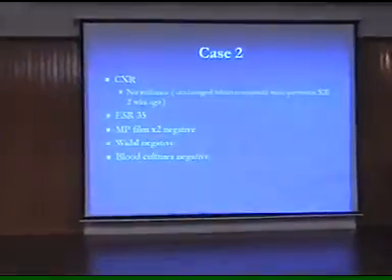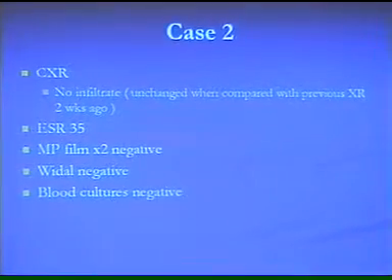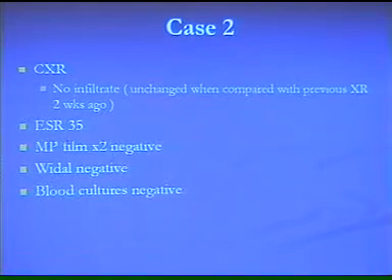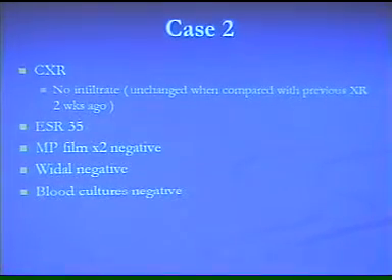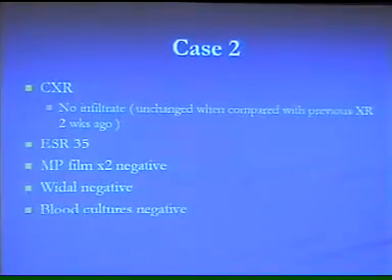On chest X-ray you find no infiltrate and no change from the previous X-ray. ESR is 35, and you order a malarial parasite film, and as always it has come back negative twice. You do a Widal test, which is negative, blood cultures are negative. So what's the diagnosis? Most probably malaria, right.